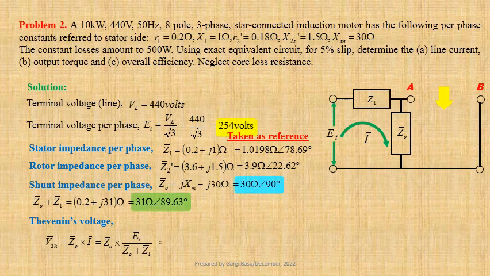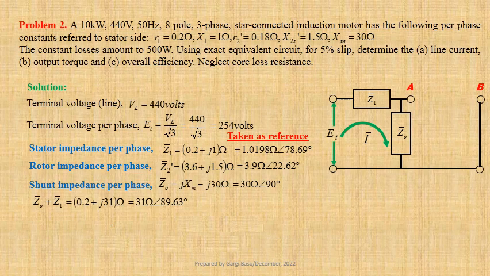Using values we get 30 at an angle 90 degree into 254 at an angle 0 degree divided by 31 at an angle 89.63 degree. That gives us 245.8 volt at an angle 0.37 degree.